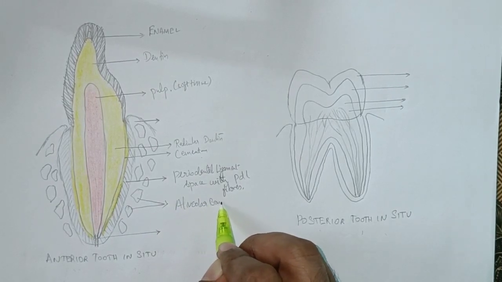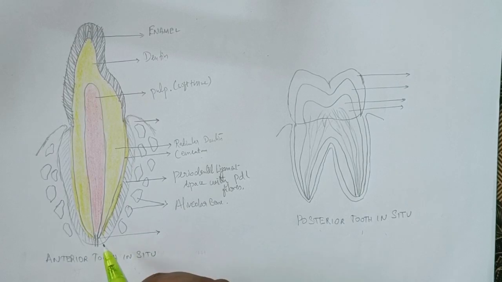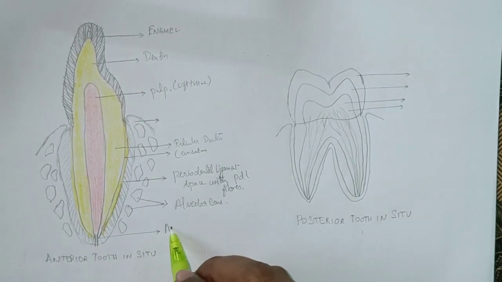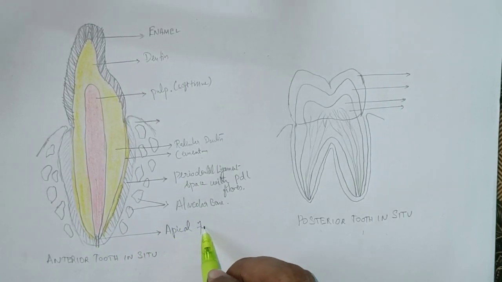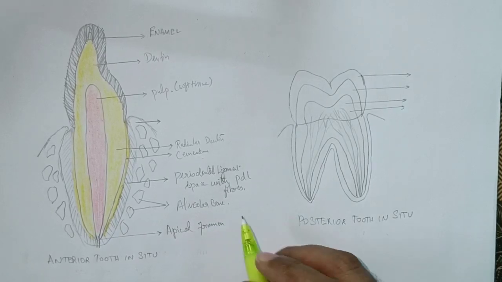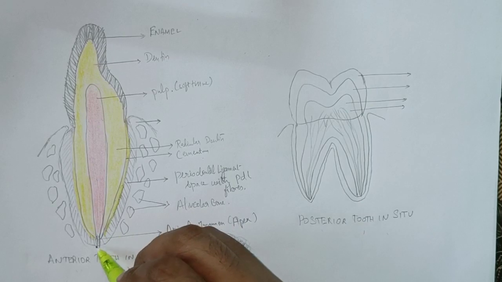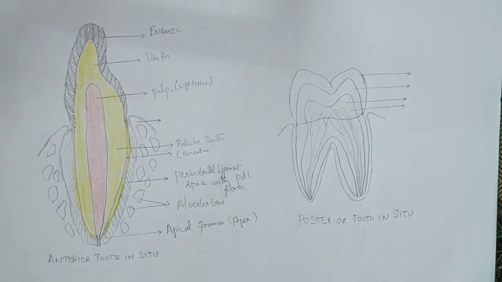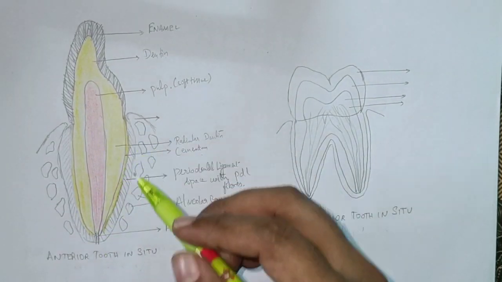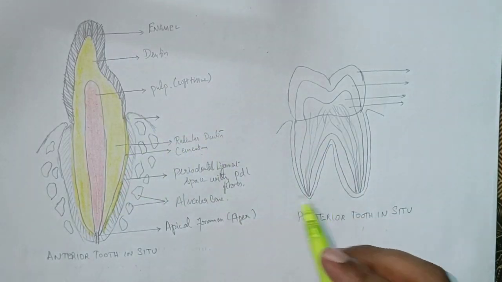This is your alveolar bone. The last portion is your apical foramen on the apex of the tooth, where your nerve and blood supply will be running into the pulp chamber with the pulp tissue.